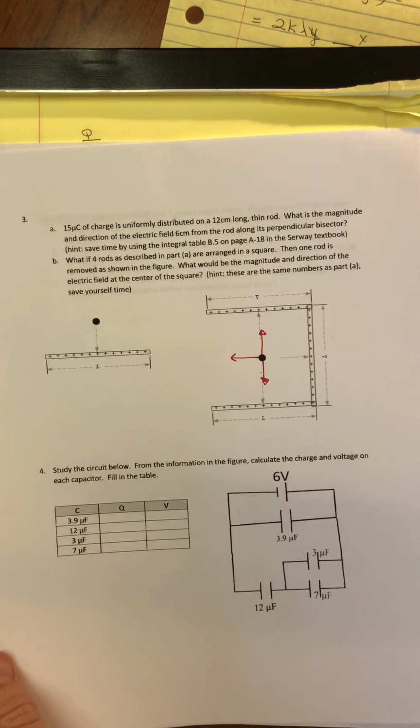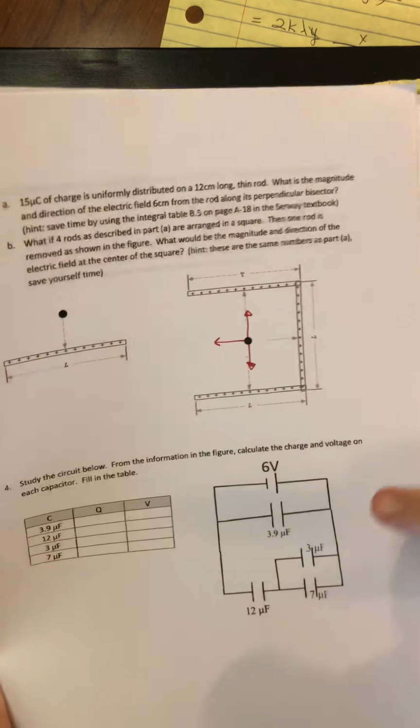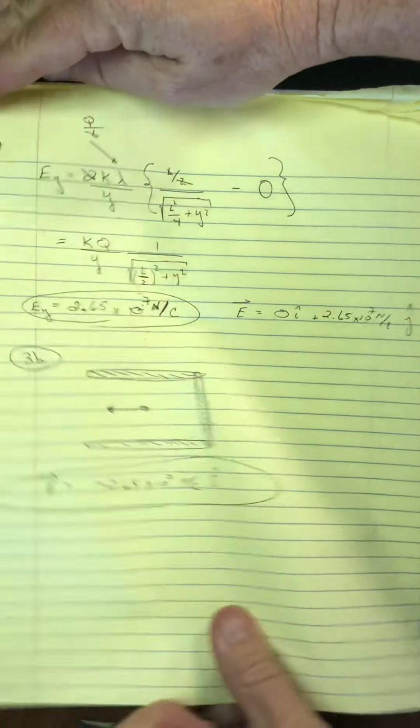And then the last 2 are from our practical chapter. These are about capacitors. And so we'll start here with number 4. And number 4, maybe the first thing to do is to recognize that we learned about the equivalent circuits.